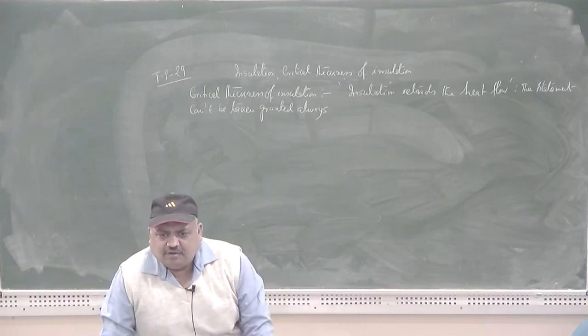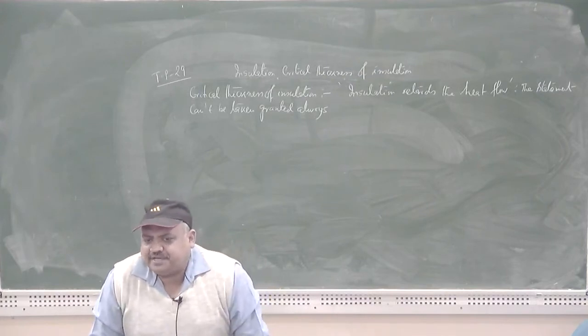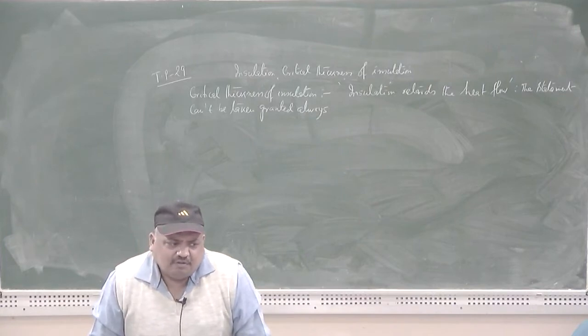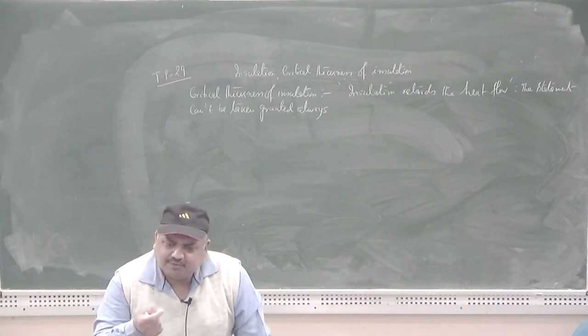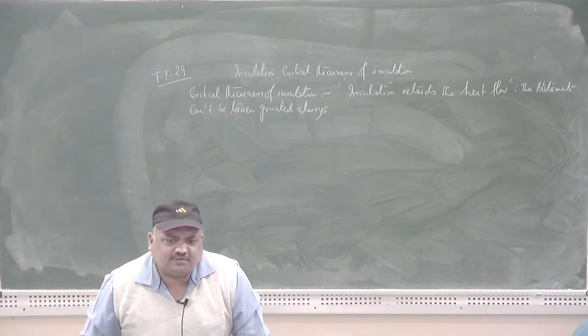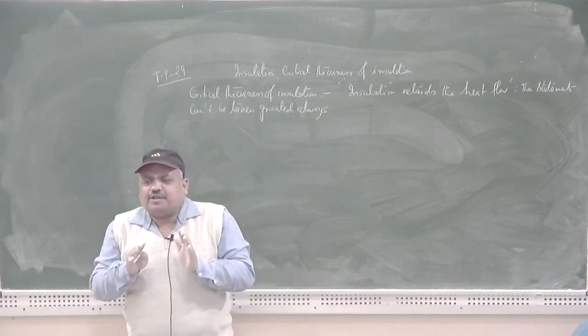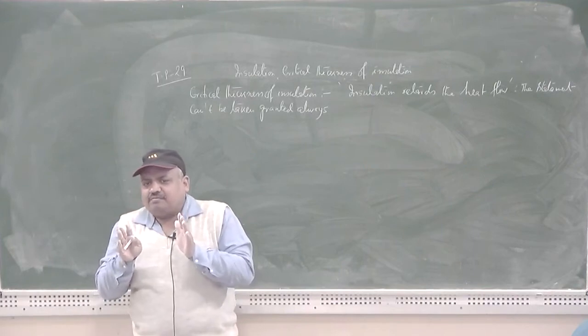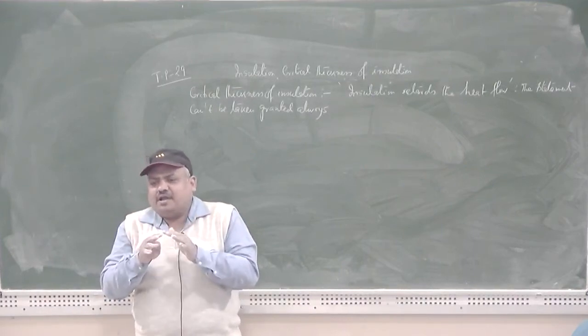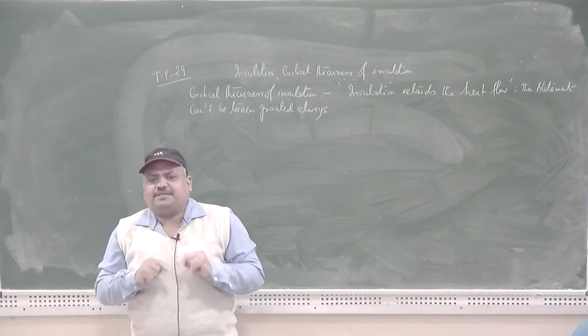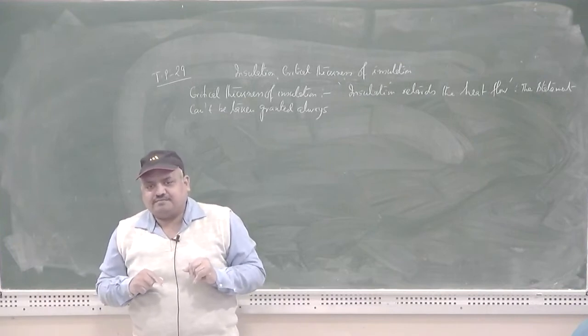Later on, when we take the specific example of the cylindrical system, as well as some special reference to the spherical systems, you will find that the effect of the thickness of insulation depends a lot on the radii of the cylinder or sphere.